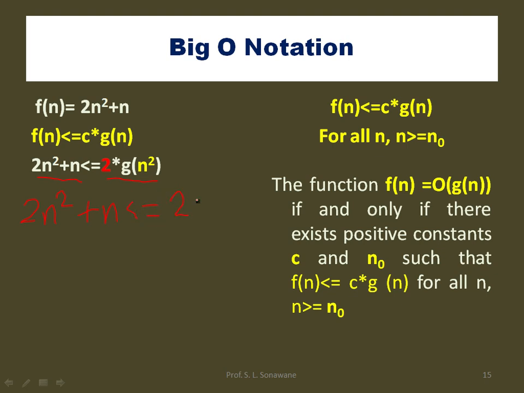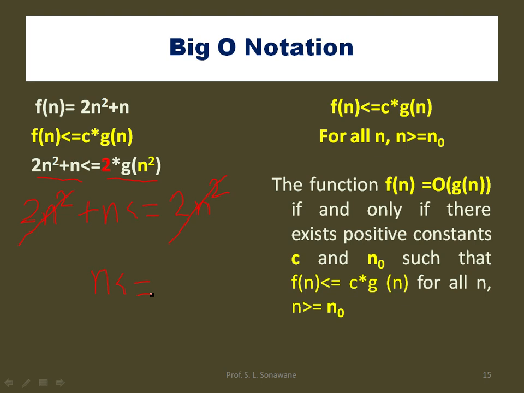Now if we solve this equation, then we come to know that this 2n square and this 2n square will be cancelled. Now here we can say that n is less than or equal to 0. So this left hand side part is larger in this case. Therefore instead of 2, we will put the value of c as 3.